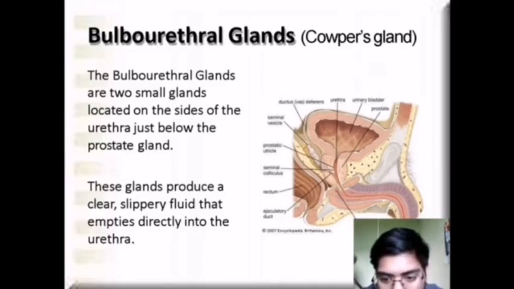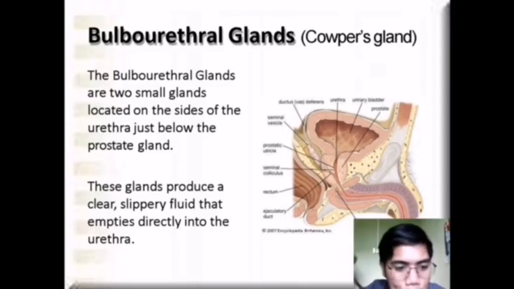Then it produces a clear slippery fluid that empties directly into the urethra, so this fluid comes out first, then the sperm comes out after that.